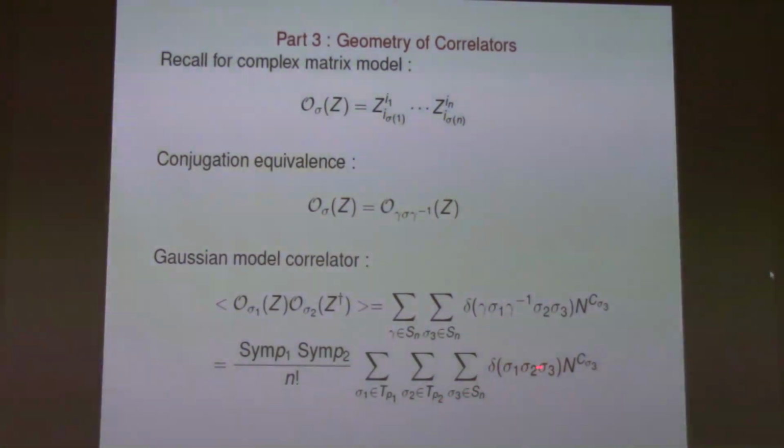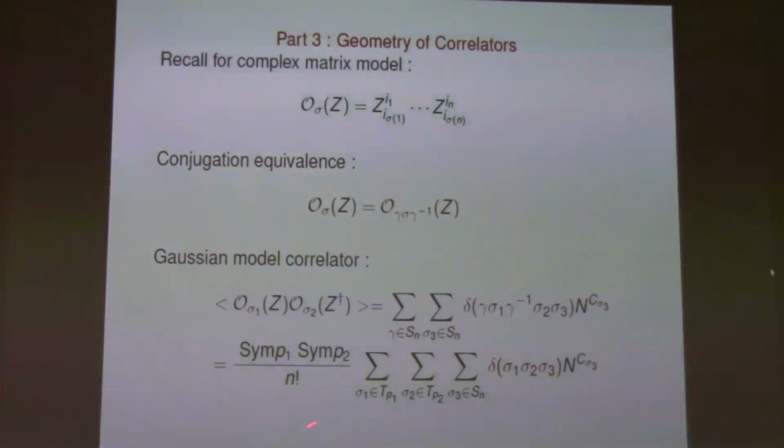And essentially it boils down to calculating, take sigma 1, take all permutations in the conjugacy class of the first one, sum over all permutations in the conjugacy class of the second one, the cycle structure of the second one, and then take a third permutation, sum over everything, impose that the product is 1, and then weight it by n to the power of the number of cycles.